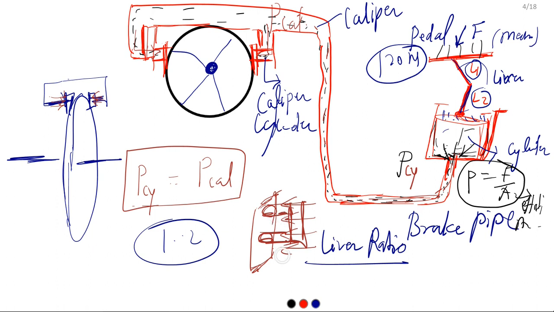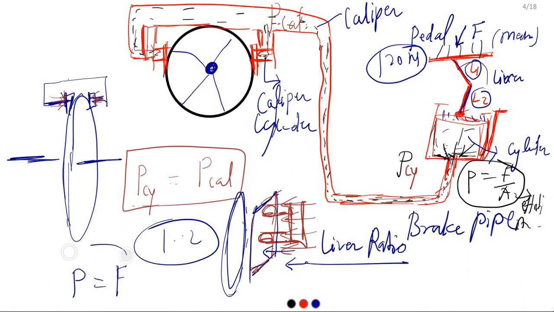This will move to this side, so the brake pads will come into contact with this particular disc. So again this pressure is converting into force here.